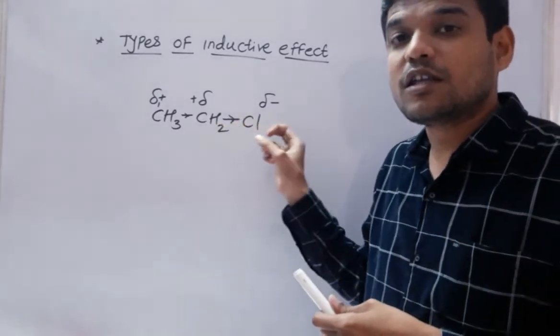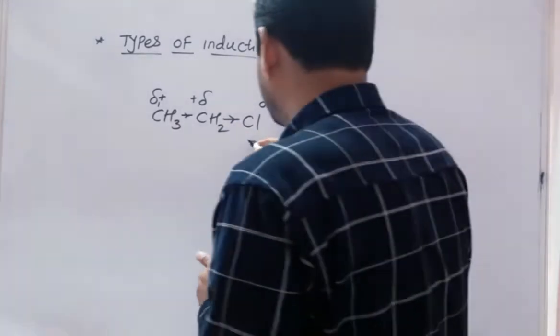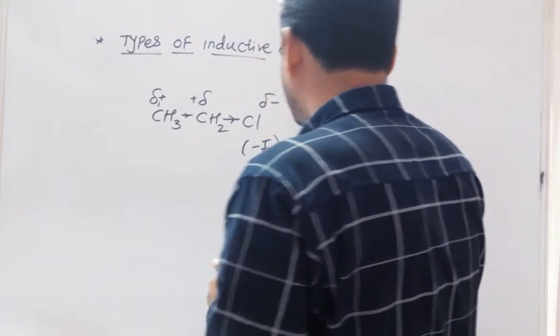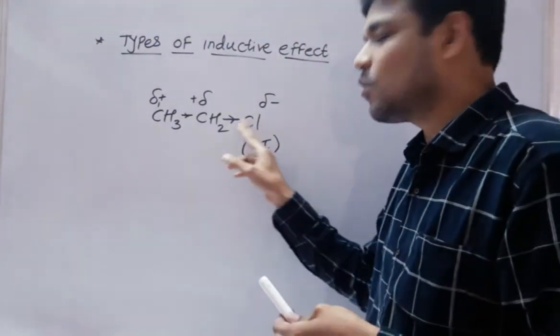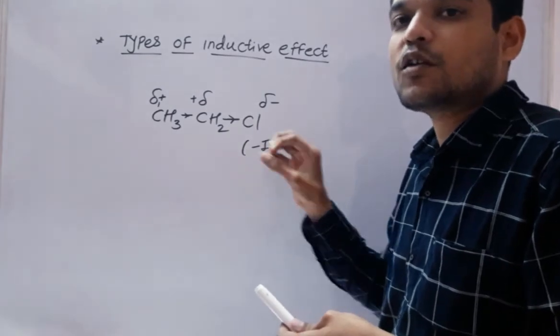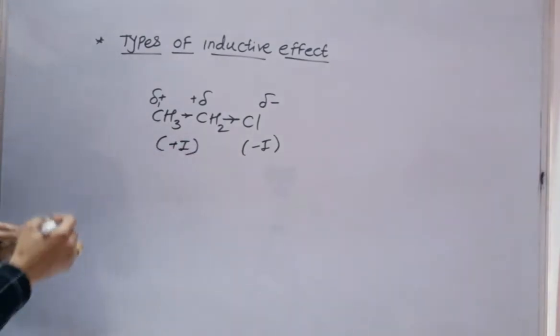It withdraws electron density towards itself, and hence it shows the minus I effect. And the group which is donating electrons to it shows electron releasing or electron donating, that is positive inductive effect.